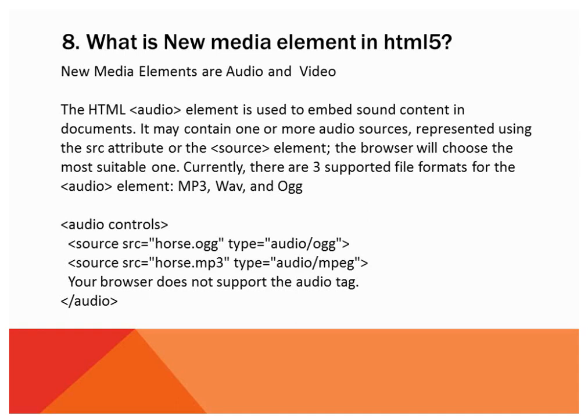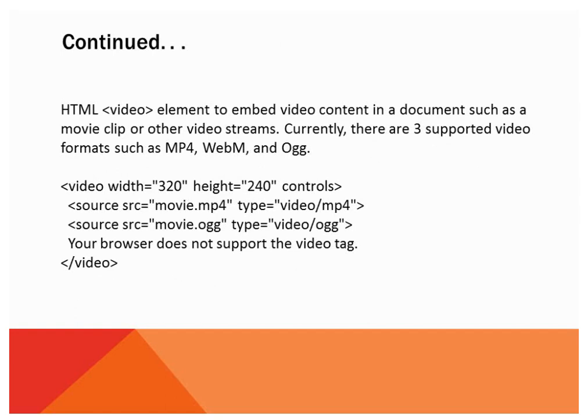The HTML video element is used to embed video content in a document, such as a movie clip or other video streams. Currently, there are 3 supported video formats: MP4, WebM and OGG. The code tag will be video with height and controls if necessary.